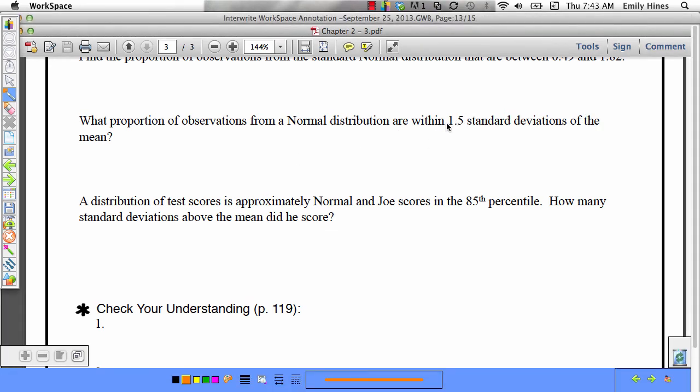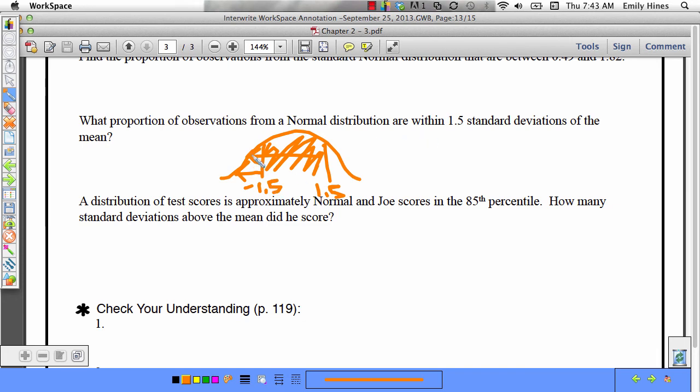Then I find what proportion of observations from the normal distribution are within 1.5 standard deviations of the mean. Well, since I'm wanting to know standard deviations, that's basically a z-score. How far away am I in terms of standard deviation? So I'm wanting to know what's from negative 1.5 to 1.5. So I need to subtract these right here.